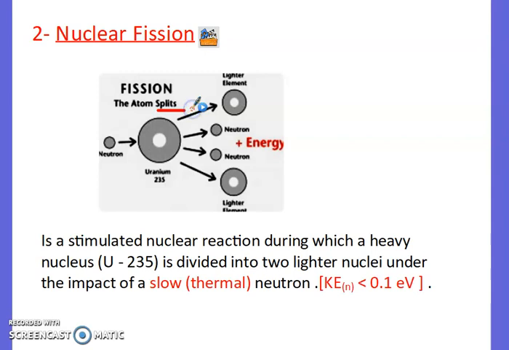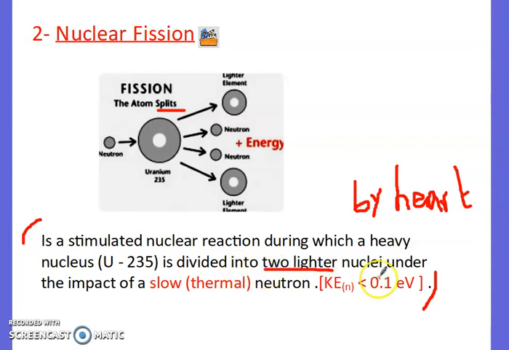Okay? So we keep in mind, means we learn by heart, the definition. Nuclear fission is a stimulated reaction during which a heavy nucleus is divided into 2 lighter nuclei under the impact of a slow, means thermal, neutron.